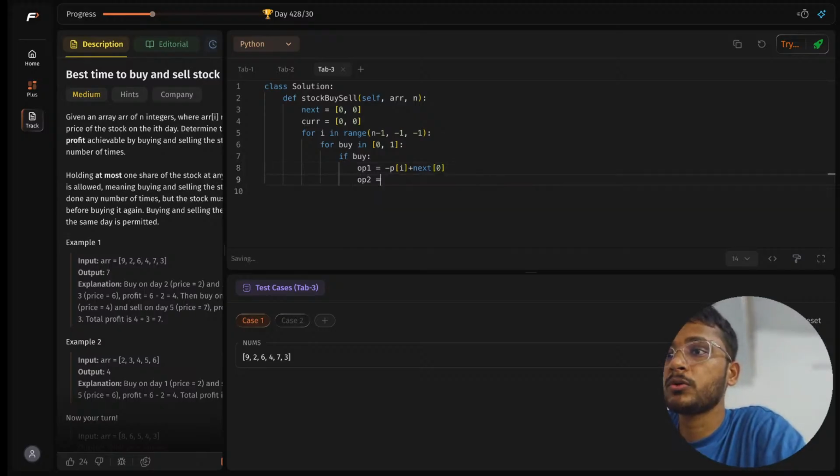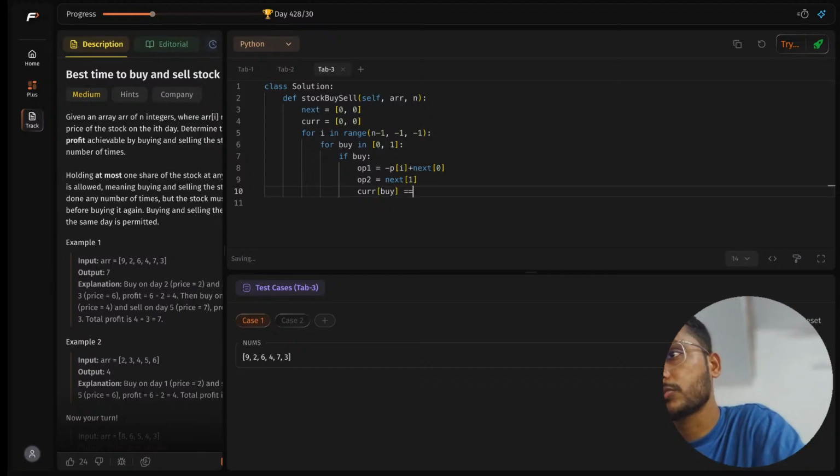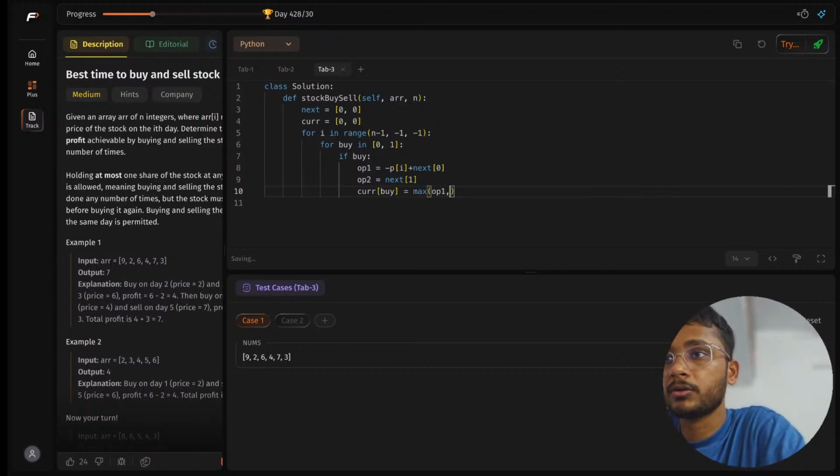OP2 is nothing but you are not buying, not doing anything, so next of 1, else, okay, and you can say current of buy is equal to max of OP1 and OP2.